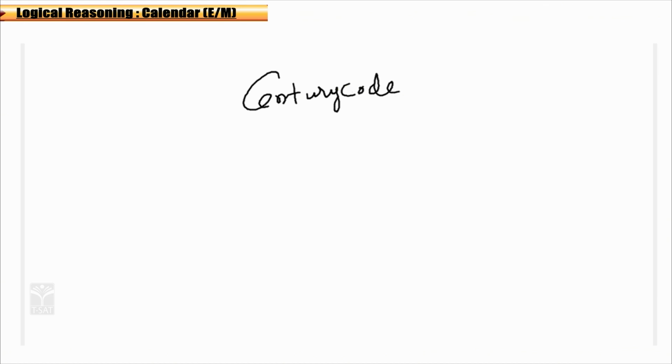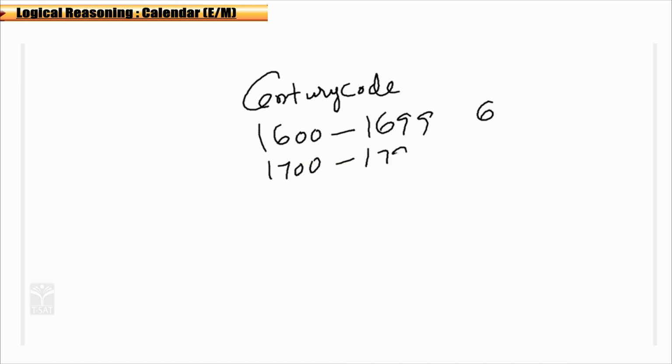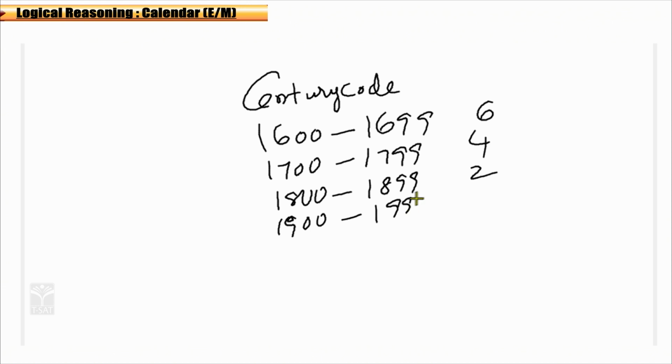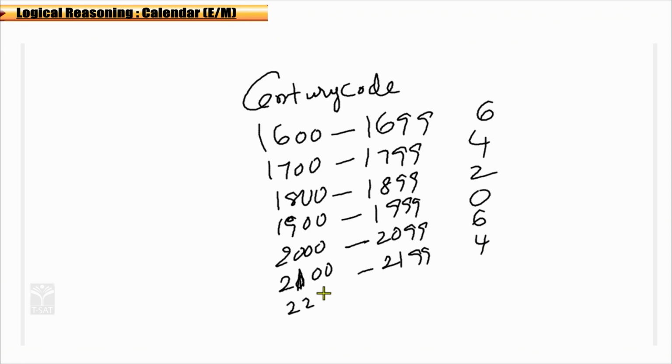Here, 1600 to 1699, which is the 17th century, is 6. 1700 to 1799 is 4. 1800 to 1899 is 2. 1900 to 1999 is 0. 2000 to 2099 is 6. 2100 to 2199 is 4. 2200 to 2299 is 2.